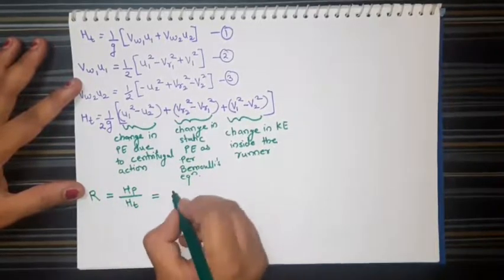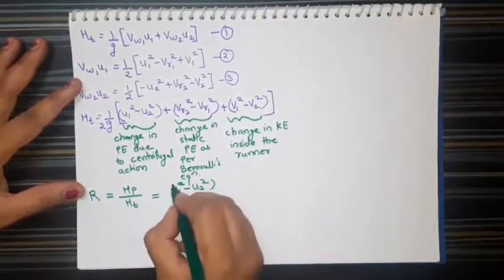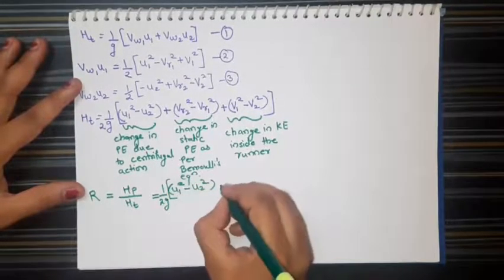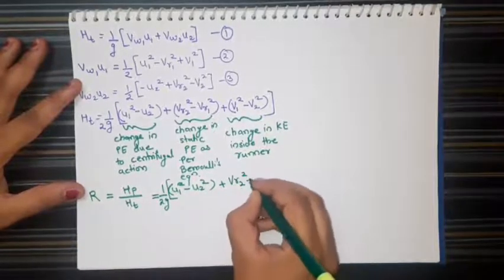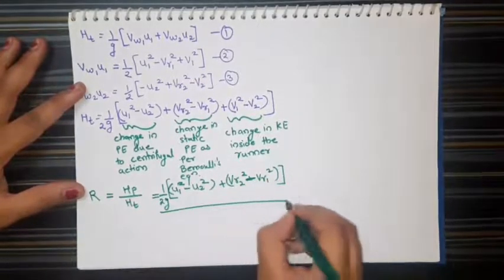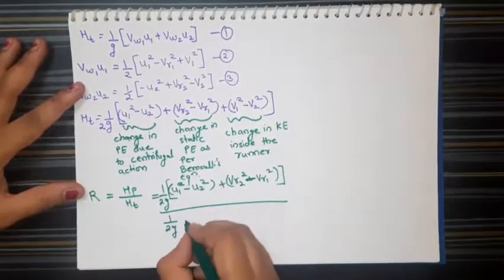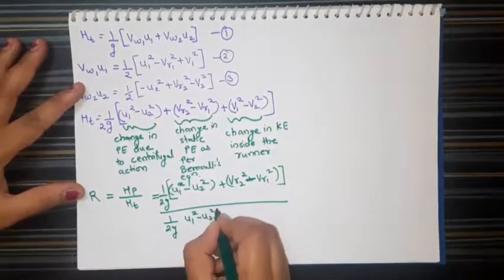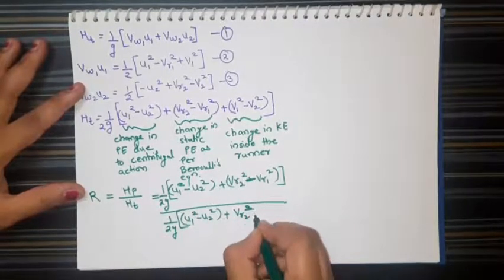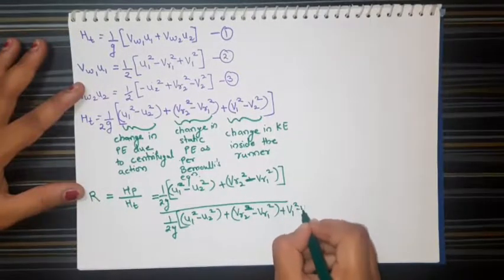So we can write it as 1 by 2g (U1 square minus U2 square plus VR2 square minus VR1 square) divided by 1 by 2g (U1 square minus U2 square plus VR2 square minus VR1 square plus V1 square minus V2 square).